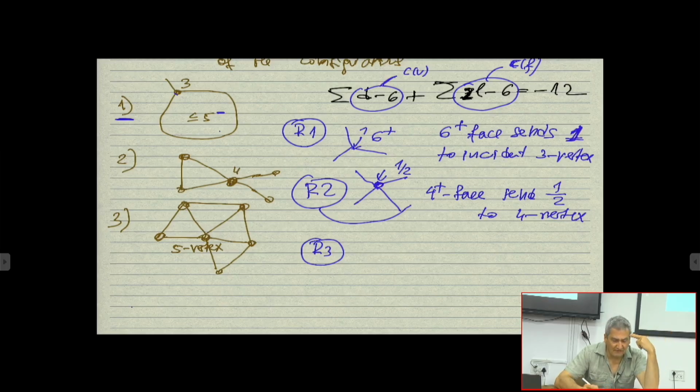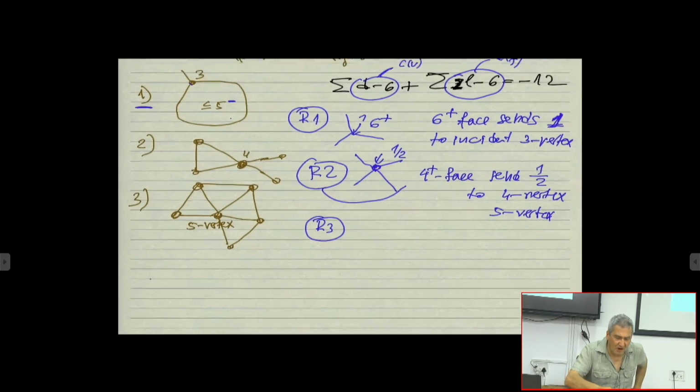So we have again the same rule onto a 5 vertex: a 4 or more face will send 1/2 to a 5 vertex.